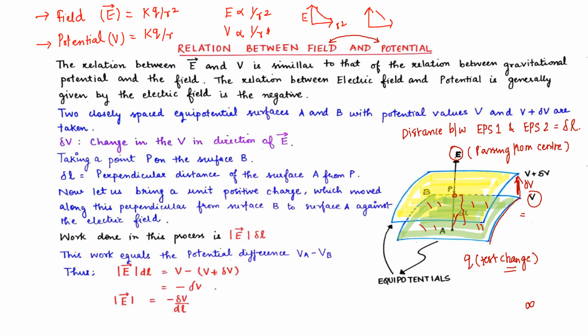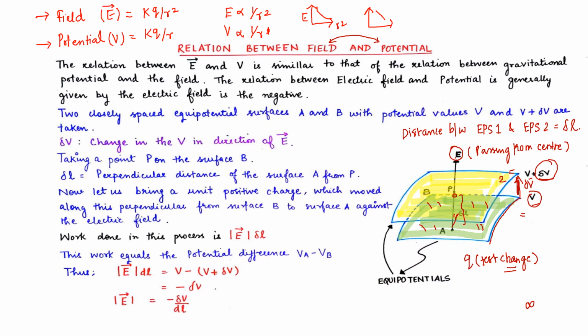This is V, this will also be V, but because there is a difference of some distance, this distance will create a very minimal amount of potential, so that is added over here. So from equipotential surface 1, it will face a potential of V, whereas from equipotential surface 2, it will face a potential of V plus del V.